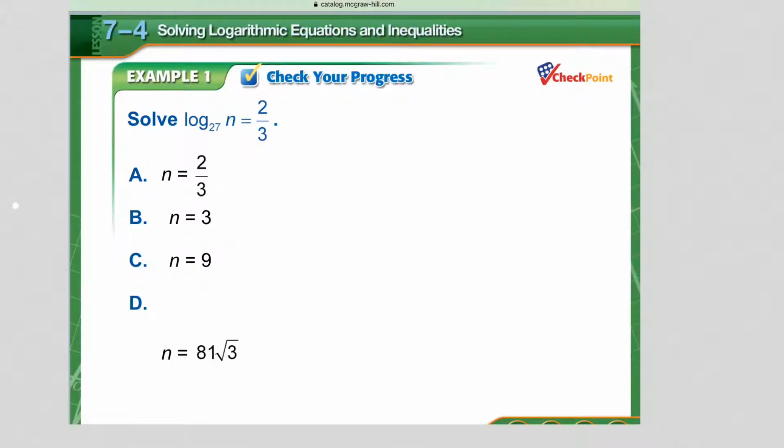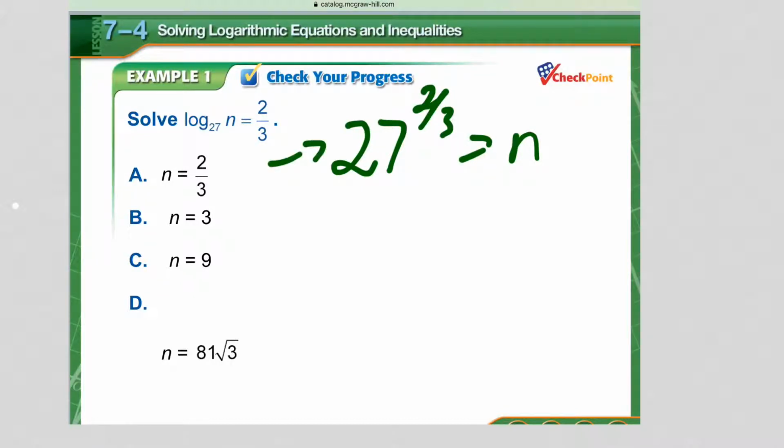Okay, so now that you've gone through that, if you didn't quite understand, remember again, you need to change your log to exponential form. So your base is 27, the exponent is 2/3, and then equals n. So again, we are going to change this number to the exponentiated form.